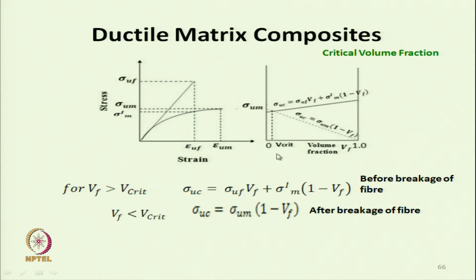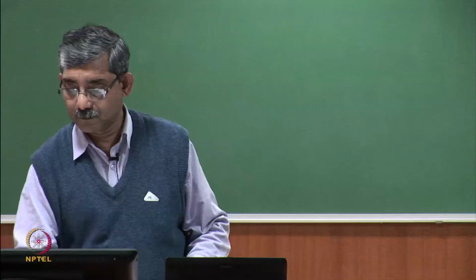So, when volume fraction of fiber V f is 0, the ultimate stress of this composite will be equal to sigma dash m, which is this starting point the solid line is showing.